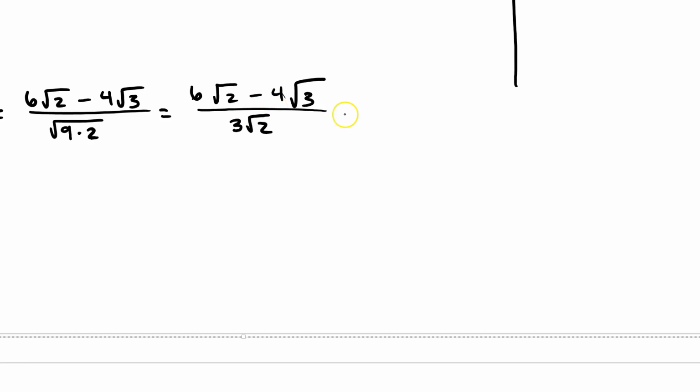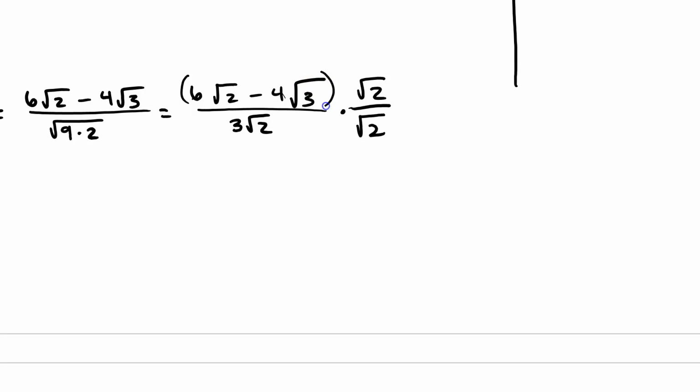So now what I want to do is rationalize the denominator by just multiplying by the radical bit. So root 2 over root 2. I'm going to put a bracket around the numerator because it's a binomial, and I want to distribute this radical to both. So that becomes 6 times the square root of 4, which is 2.